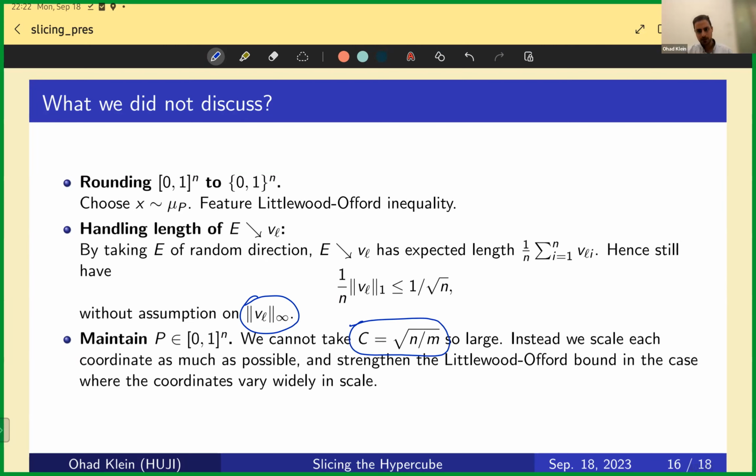We overcome this by defining a different distribution for the random point P. Roughly speaking, we scale each coordinate in a specific way, by the maximum we can, in order to have large variance for each coordinate. And this proof is decoupled from the Littlewood-Offord bound that we use.